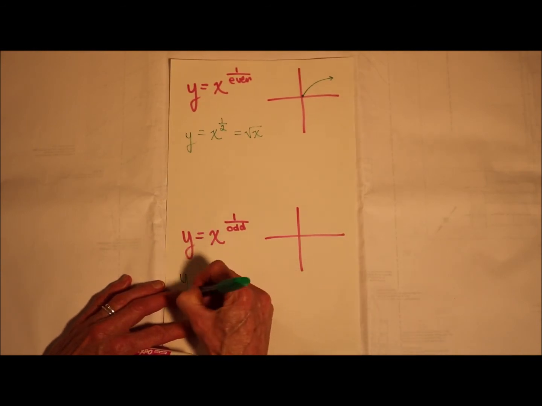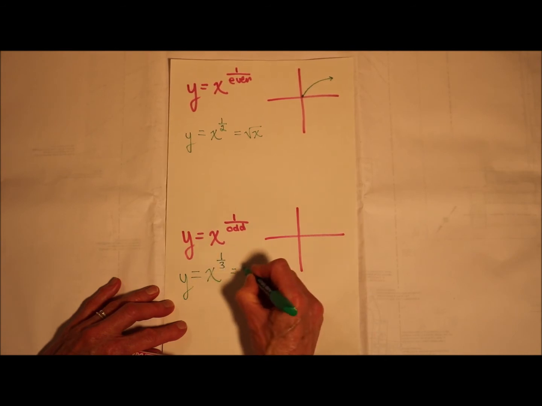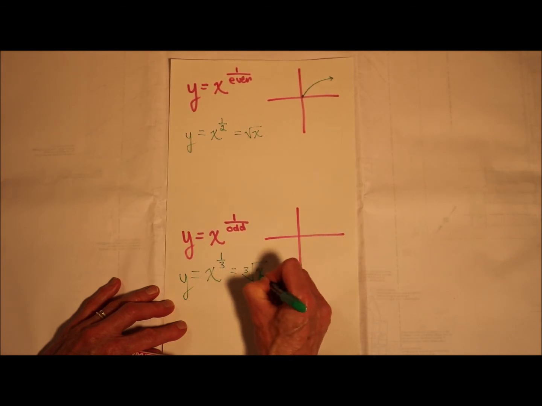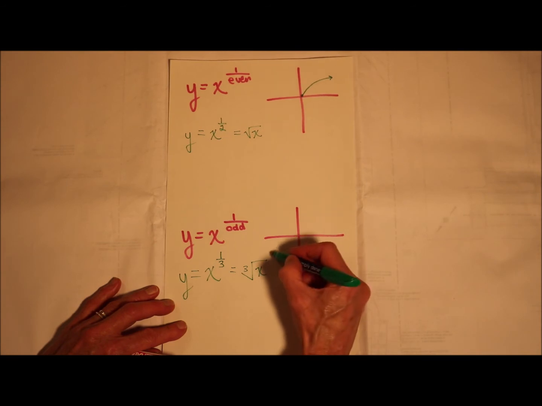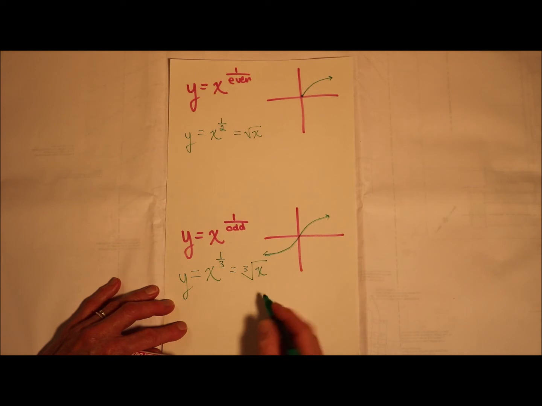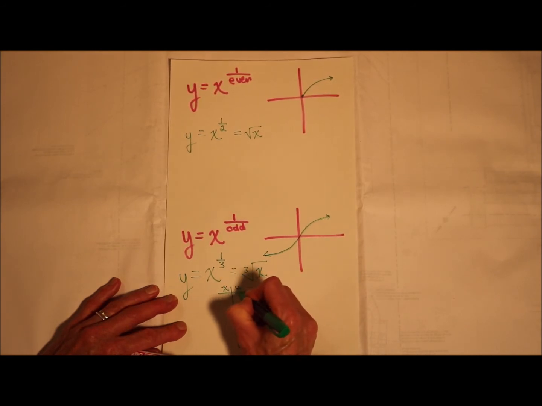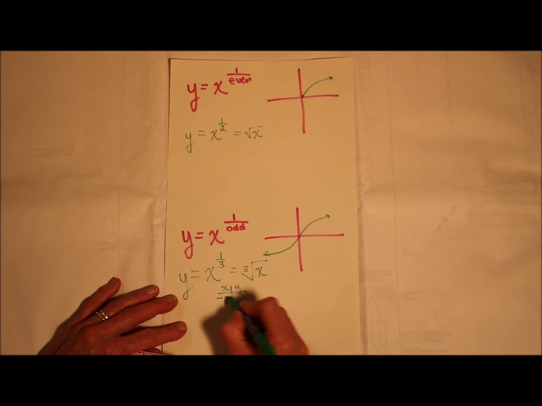Similarly here, if I did y equals x to the 1/3, another way to rewrite that is a cube root of x. And if you plugged in some x's and y's, you'd realize, oh, that's going to look like this. I can plug in negative x's because a negative times a negative times a negative gives me a negative. So I just am picking some values here. You can pause the video and make sure I did that right.